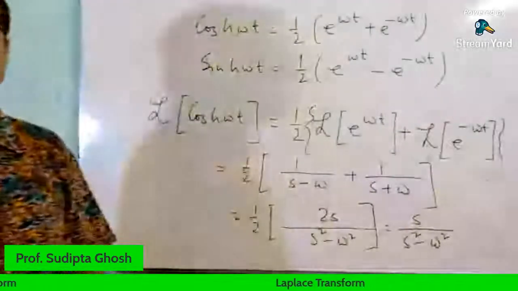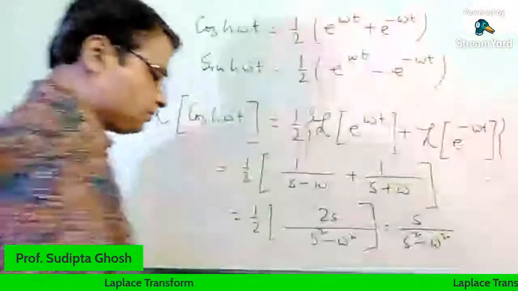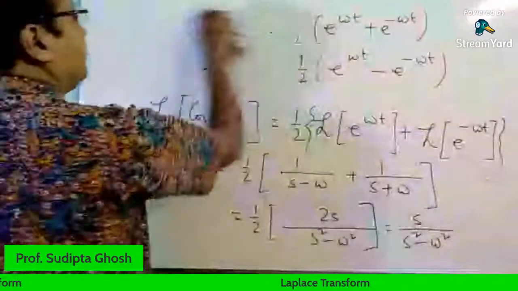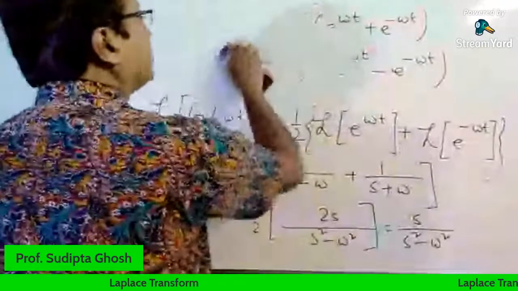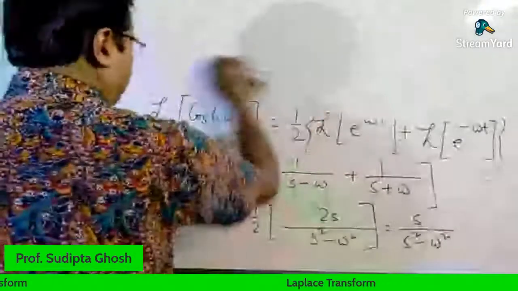Okay, so let's proceed to the next function, and this is the simple trigonometric function cos omega t or sine omega t.